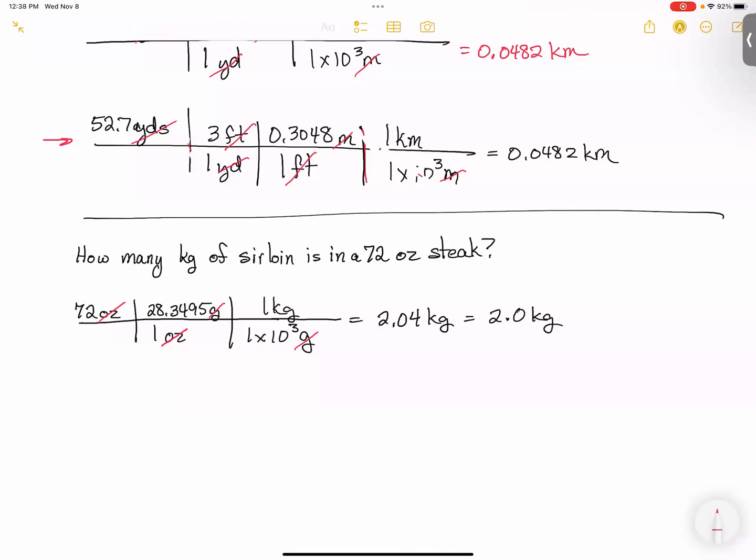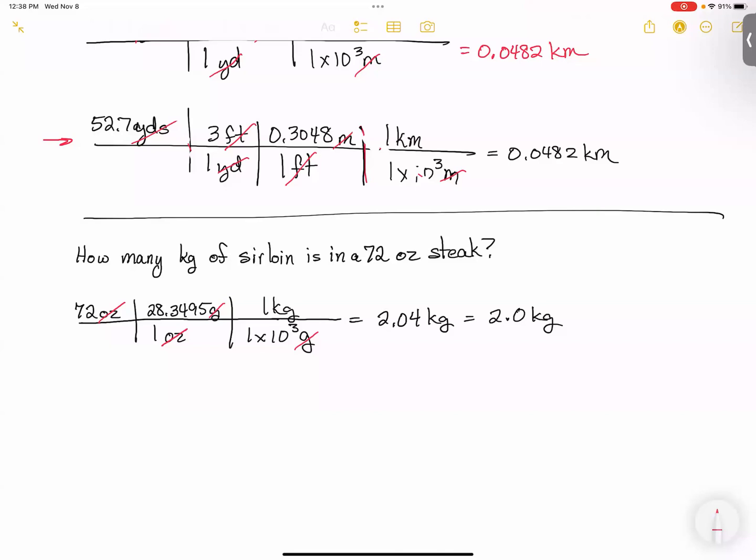In other words, unfortunately, there isn't a single path you can take. After each conversion, ask yourself: what do I have compared to what do I want, and where do I go next? So there are other ways.